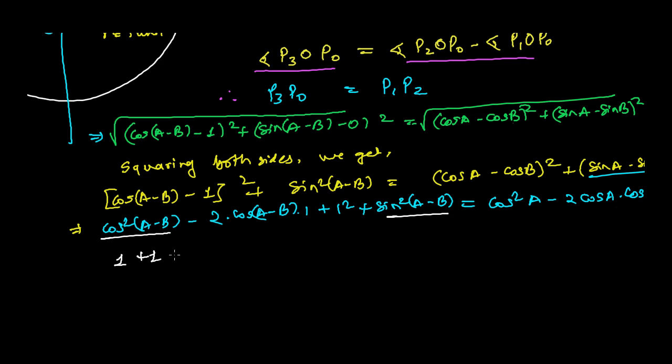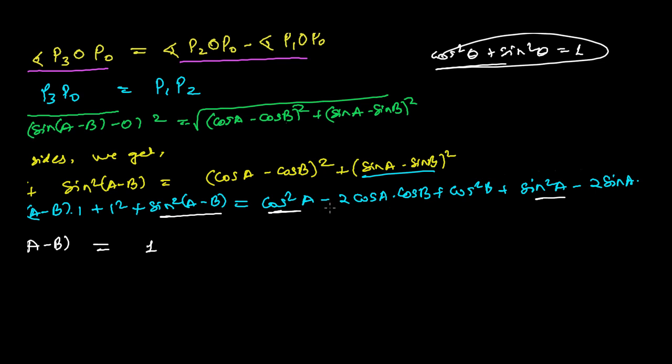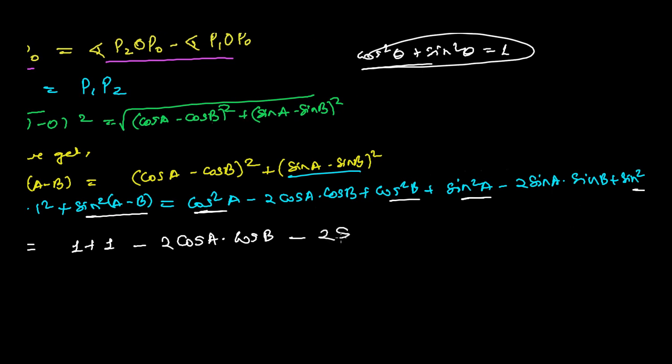Then minus 2 cos(a minus b) equals, on the right, cos square a plus sine square a, which is 1, because I'm using the identity cos square theta plus sine square theta equals 1. Again cos square b plus sine square b is 1. Then minus 2 cos a cos b minus 2 sine a sine b.